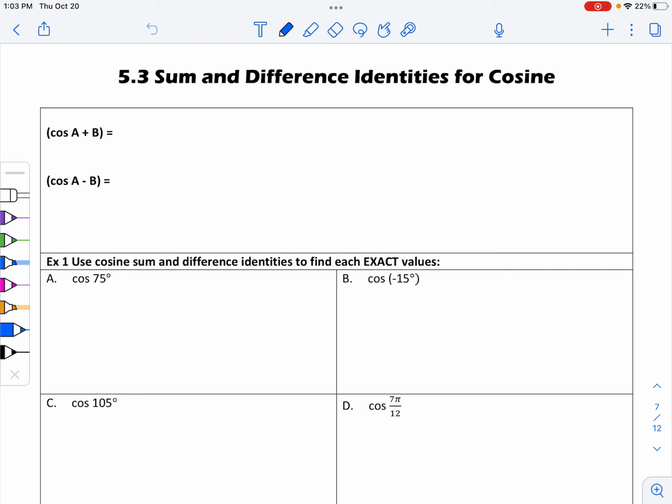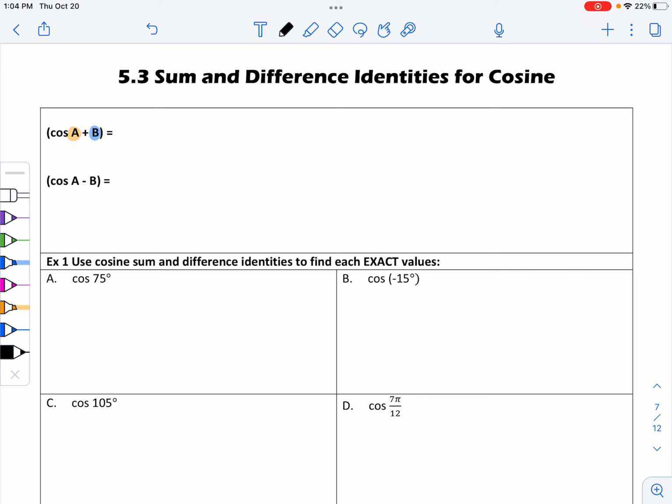So there's the sum identity for cosine. What I need you to see is that we are taking one angle, we'll call it angle A, and we're going to add that to a different angle called angle B. These are two totally separate angles, different angle measurements, different information.